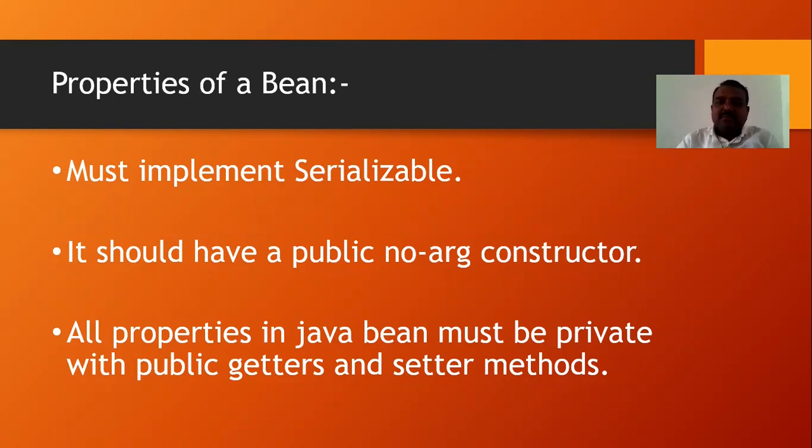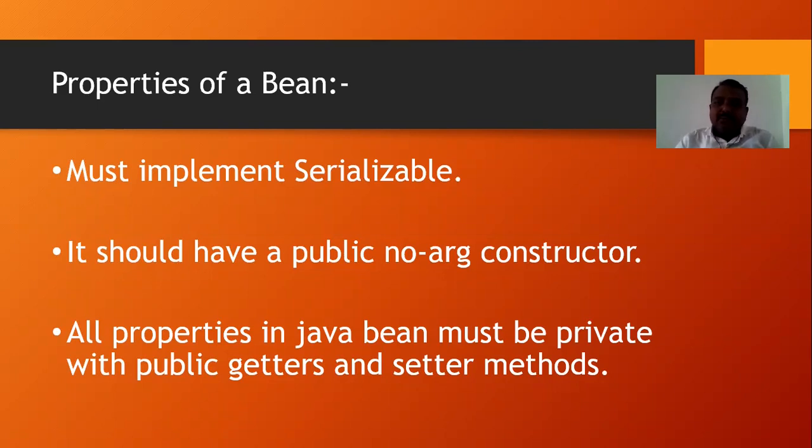And every Java bean should contain a constructor which doesn't take any argument, and we can also call that a no-argument constructor. And that constructor should be under the public access specifier.